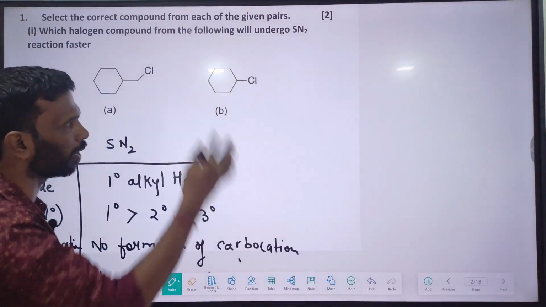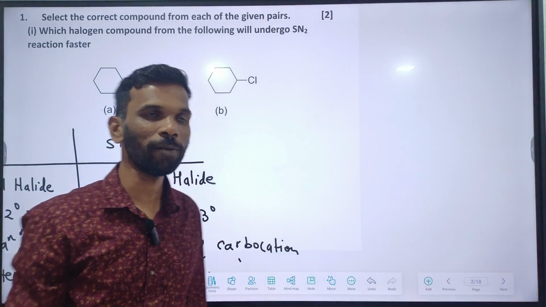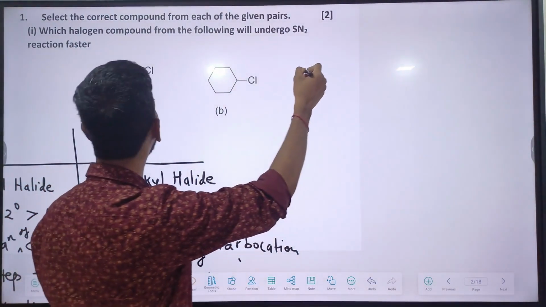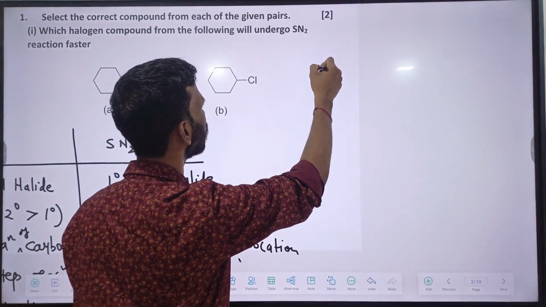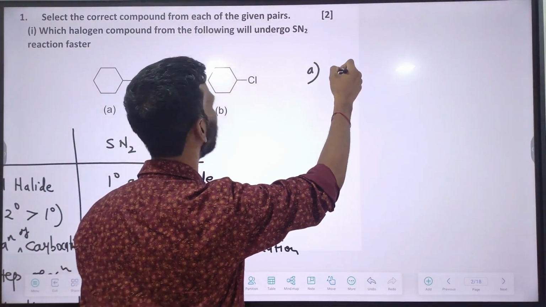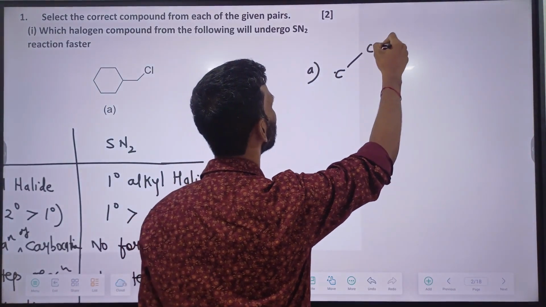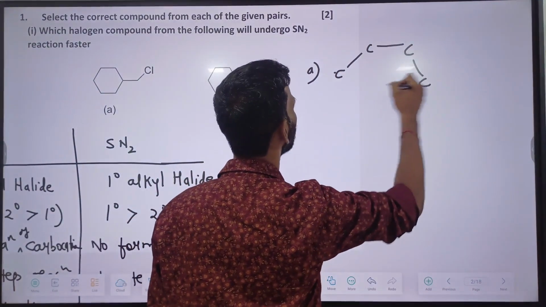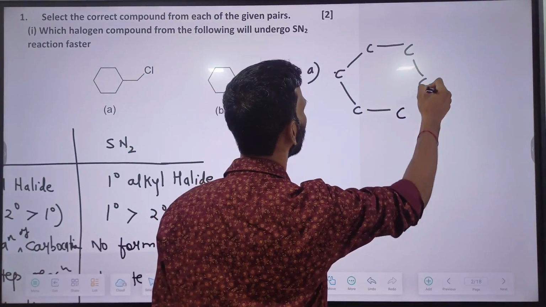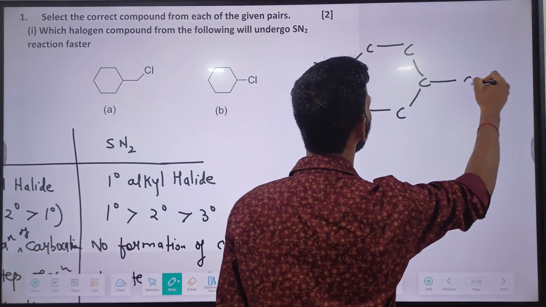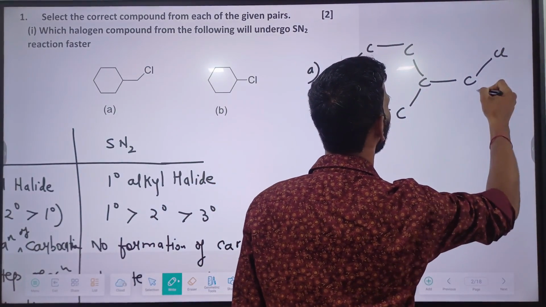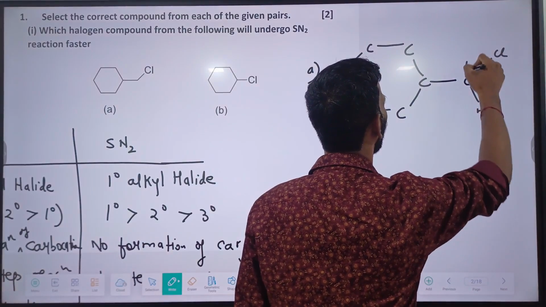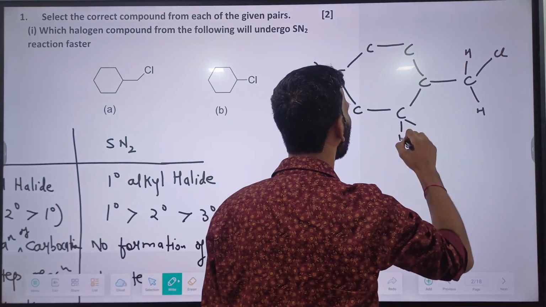This is a bond line structure, so let us understand the open chain structure for this. For structure A, I'll write this as a carbon, this as a carbon, this as a carbon, this as a carbon, and this is also a carbon. Next, this is a carbon, over here there is a Cl, and there are hydrogens, which we don't show in a bond line structure.